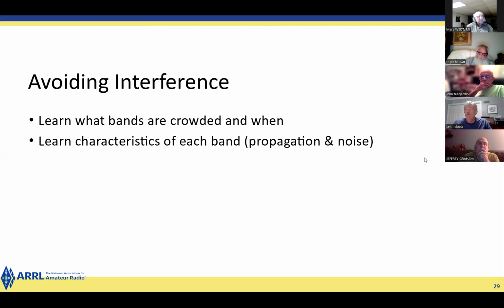So you have to learn the characteristics of the bands. You've got to learn something about propagation, and again, how to trace noise. And what could be giving you noise? You could pick up noise from over-the-horizon radar, for example.